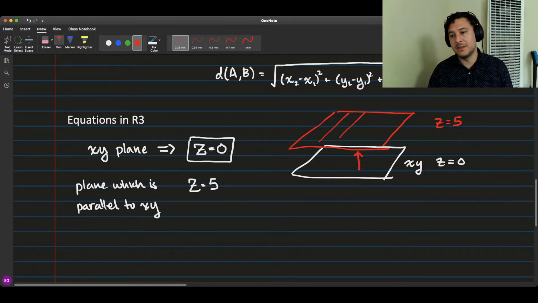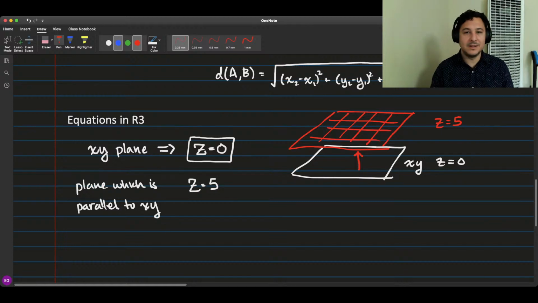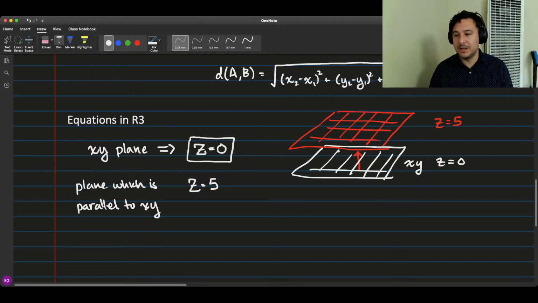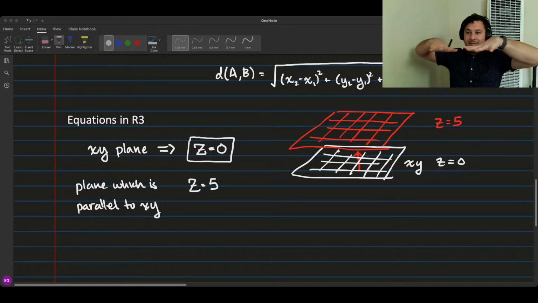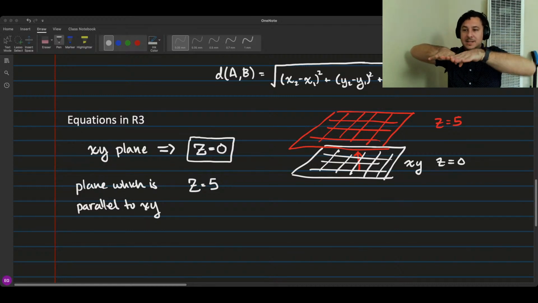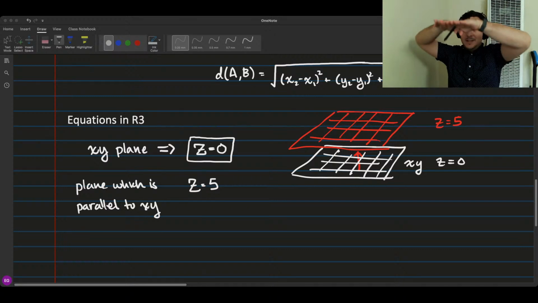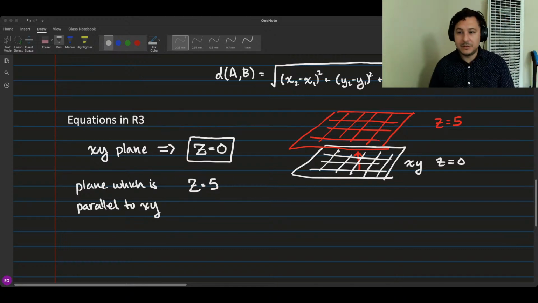So I'm gonna draw some little lines so you can imagine this is a floating sheet of paper, which is the xy plane. Z equals 0 is the xy plane. Z equals 5, you start off like this. Here's your z equals 0. Z equals 5 is the same thing moved up by 5.